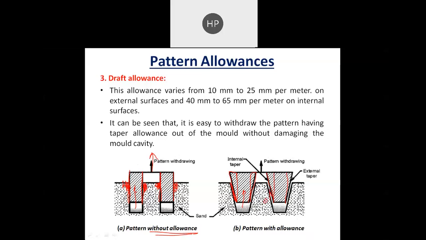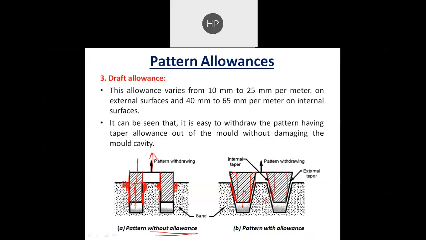While here, as we try to lift it, until the pattern completely goes out of the sand, there is direct contact between the pattern and the sand, so it may damage your mold.